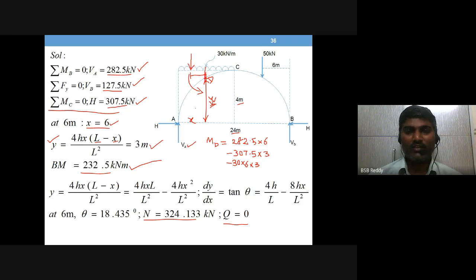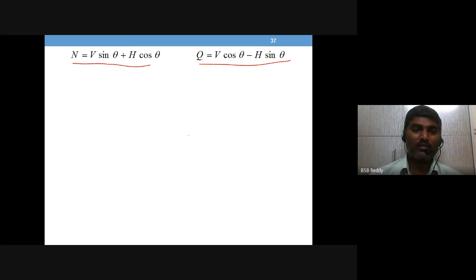Same location, 6 meters from left. Let us draw simply how it is going to look. So this is a section. So 6 meters is the span location of that point D, and this is 3 meters.